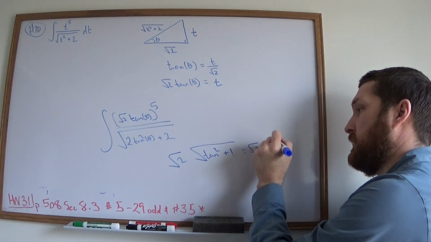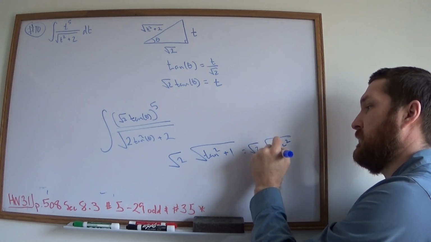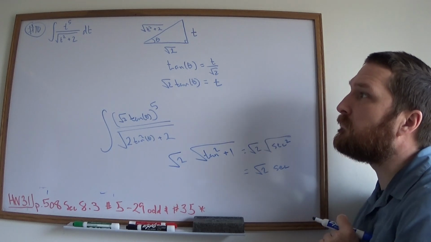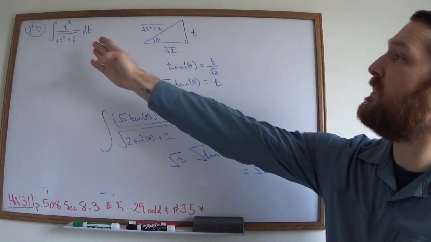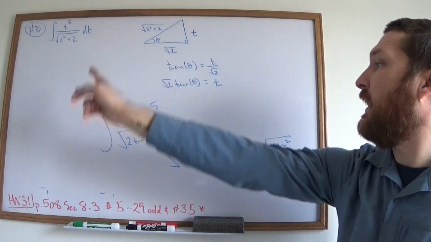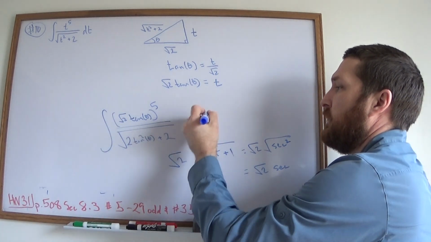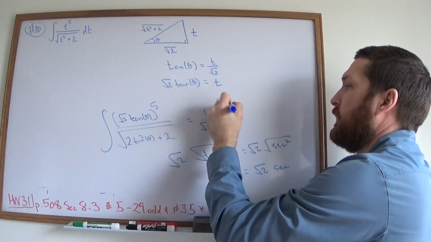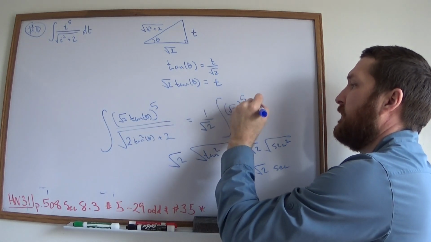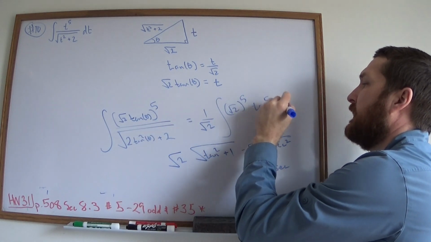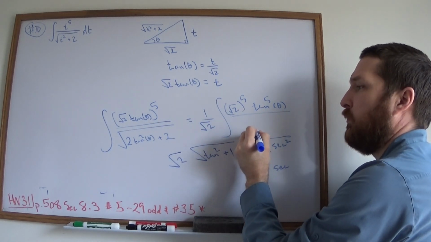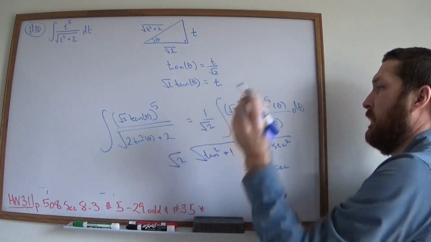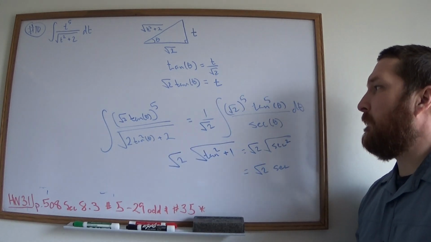So that's root 2 secant in the bottom, and t to the 5th up there. Okay, so root 2 can come out: root 2 to the 5th, tan to the 5th, over secant. Okay, have fun. That's going to get ugly.